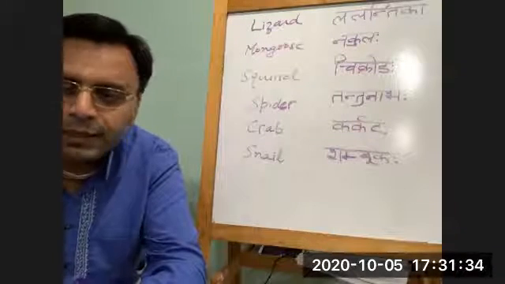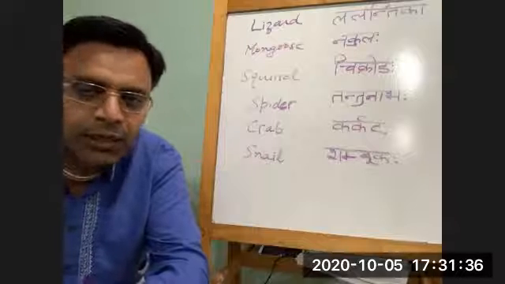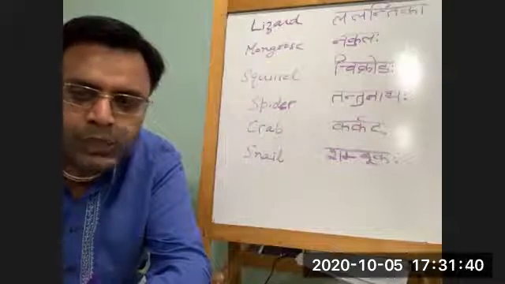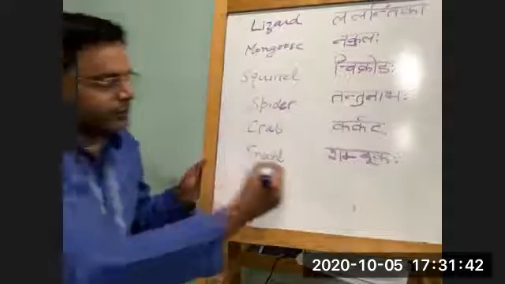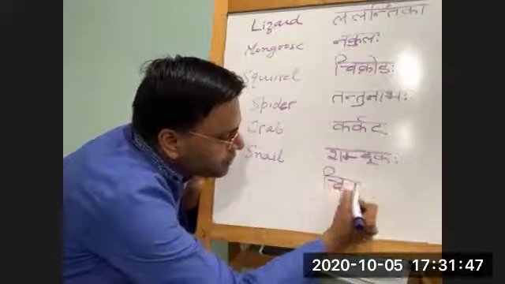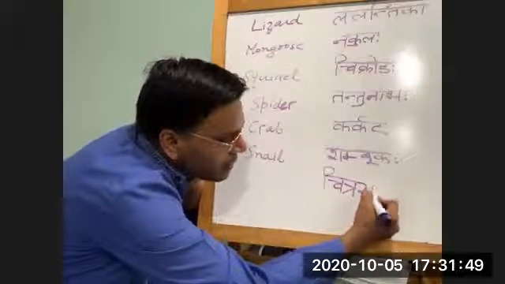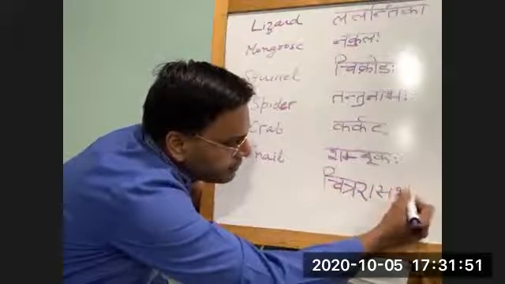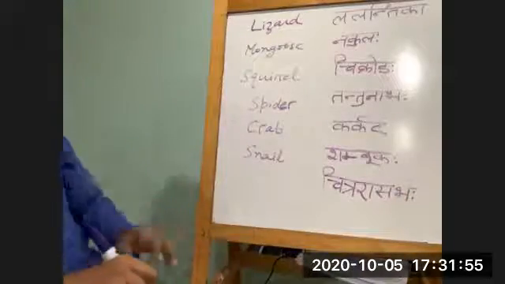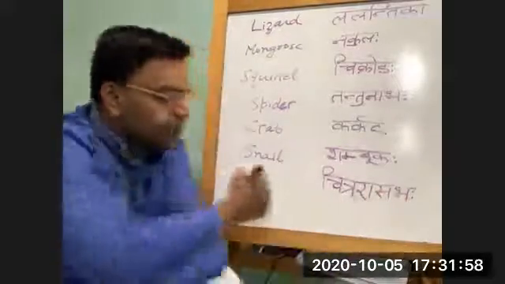It's not an O sound. Yeah, so Chitra and then Rasabaha. Okay, so that is zebra.